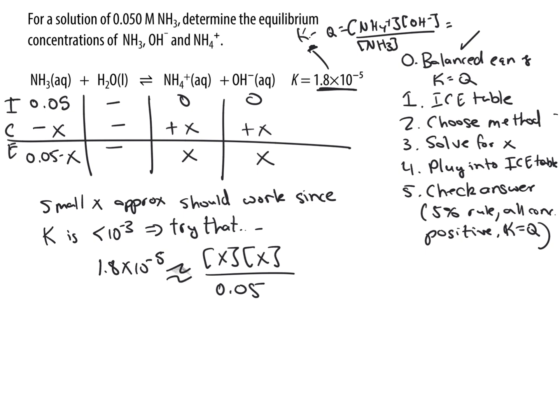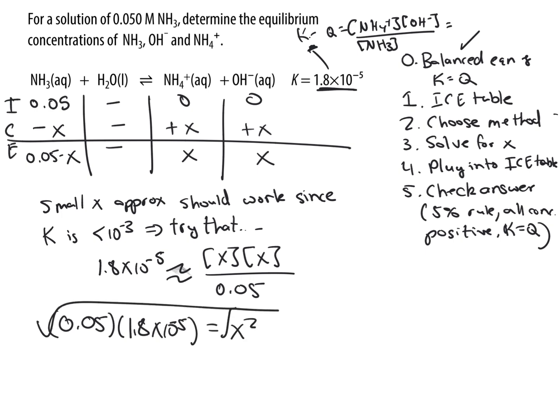Now it's that same relatively simple math situation where we can multiply 0.05 times both sides. That is equal to x squared. Take our square root, and we get x is equal to 9.49 times 10 to the minus 4 molar.